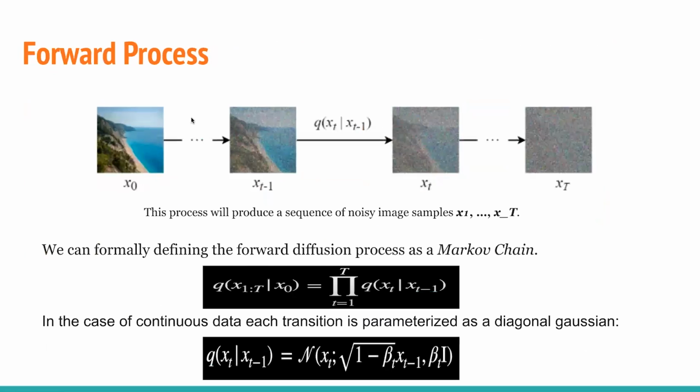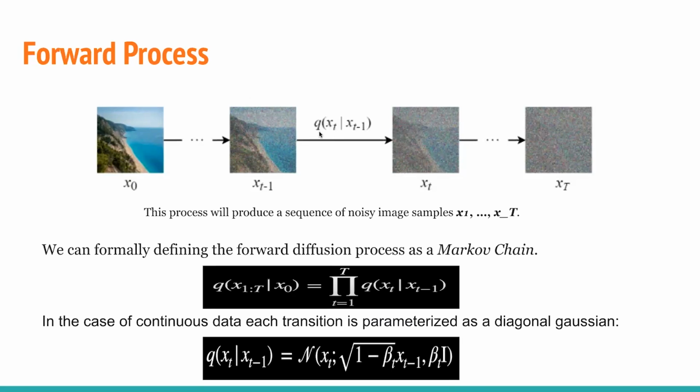These small changes at every step, in probabilistic distribution models, we call Markov chains. So what is a Markov chain? The definition of a Markov chain is that the probability of your step xt just depends upon xt minus 1.